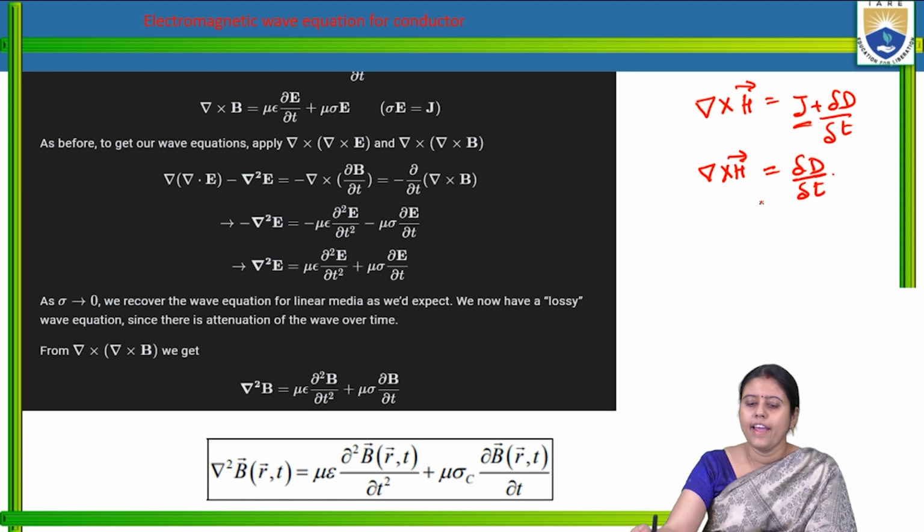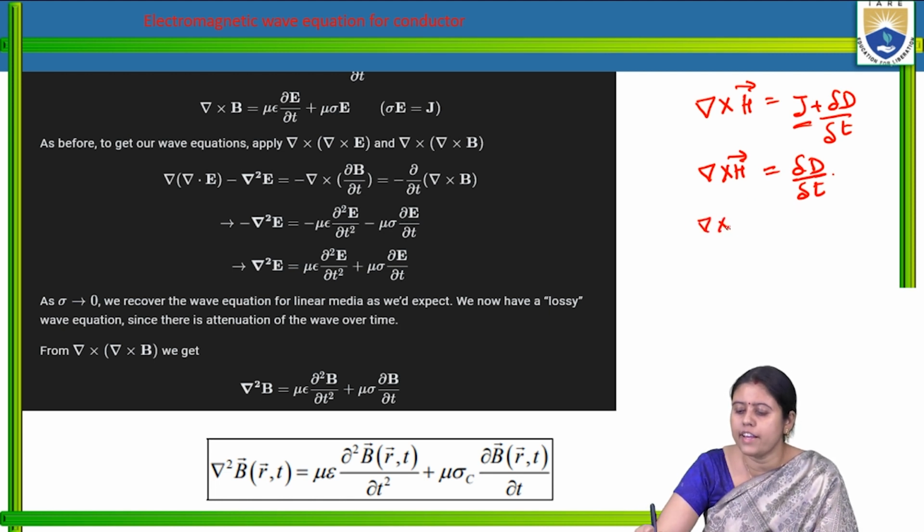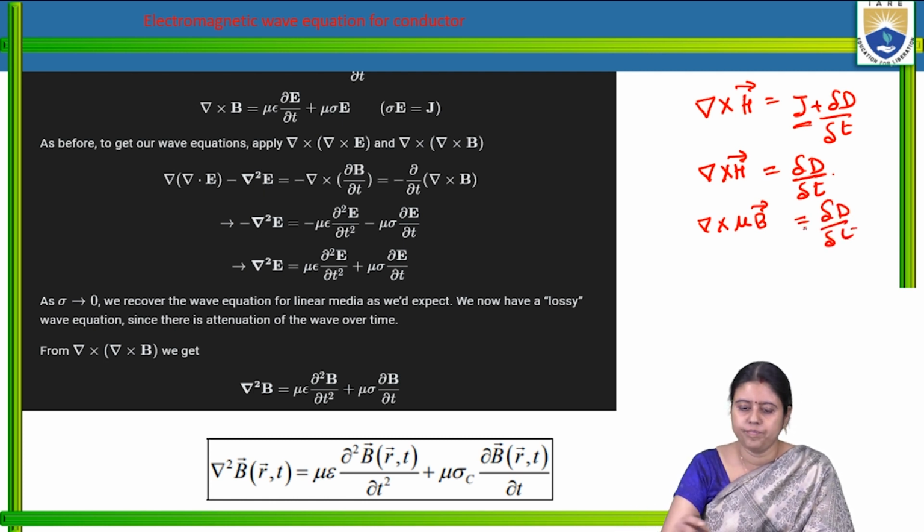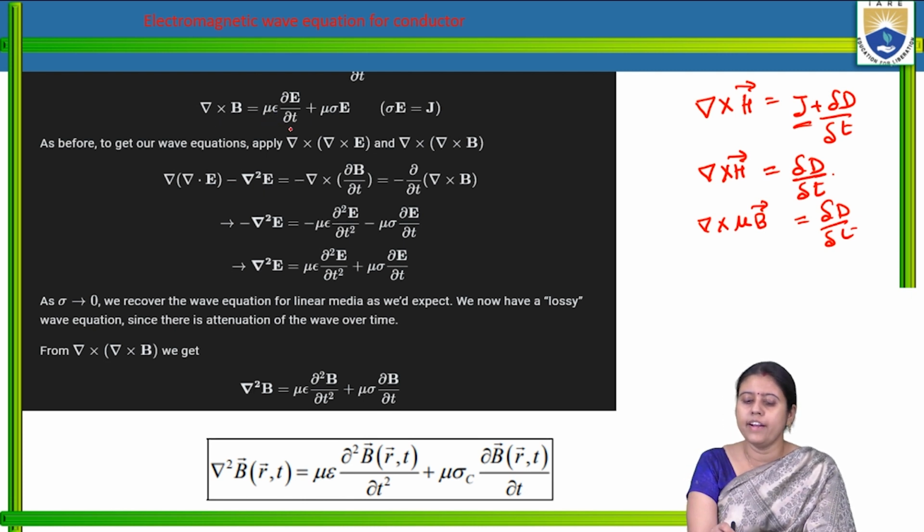We can write curl H is equal to curl B by mu, which is equal to del D by del t. So we can write curl B is equal to mu epsilon del E by del t.